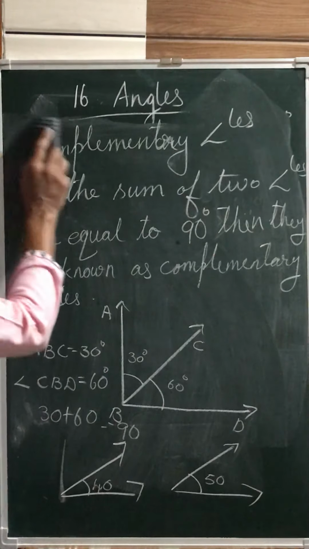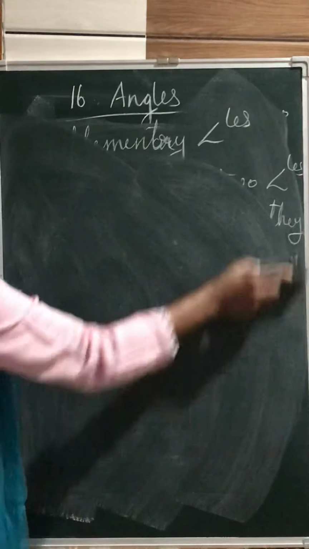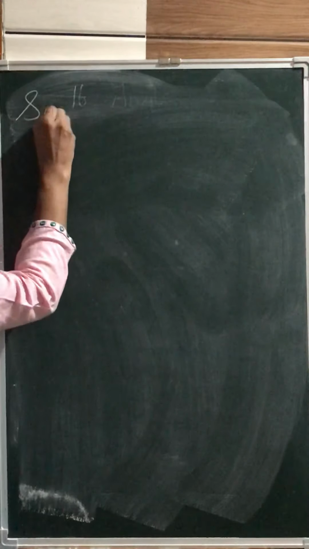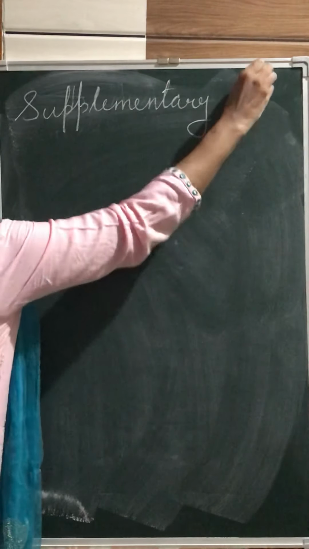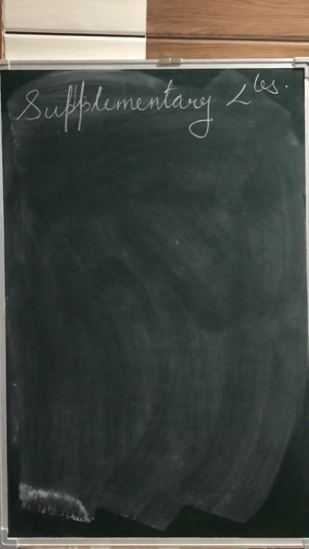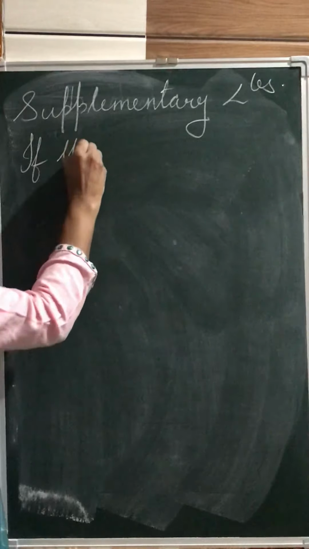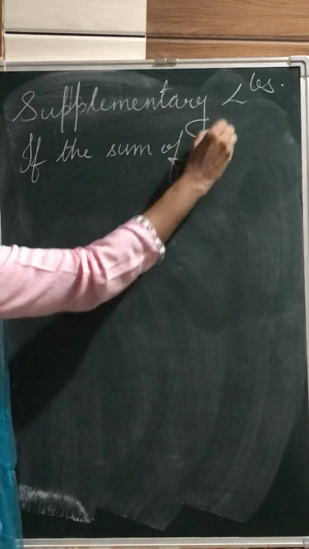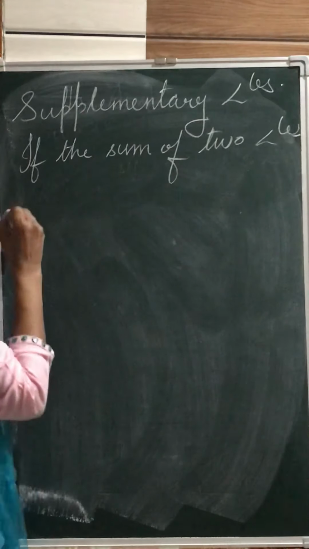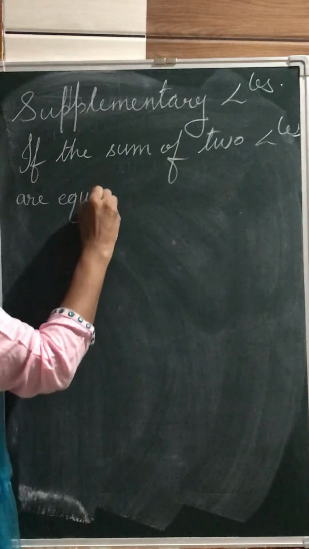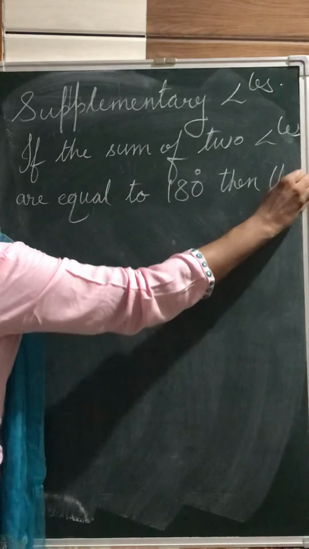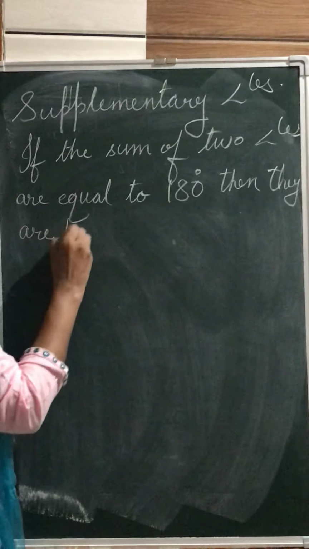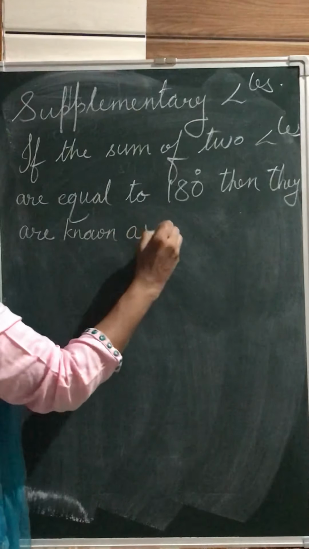Now one more type is the supplementary angle. If the sum of two angles is equal to 180 degree, then they are known as supplementary angles.